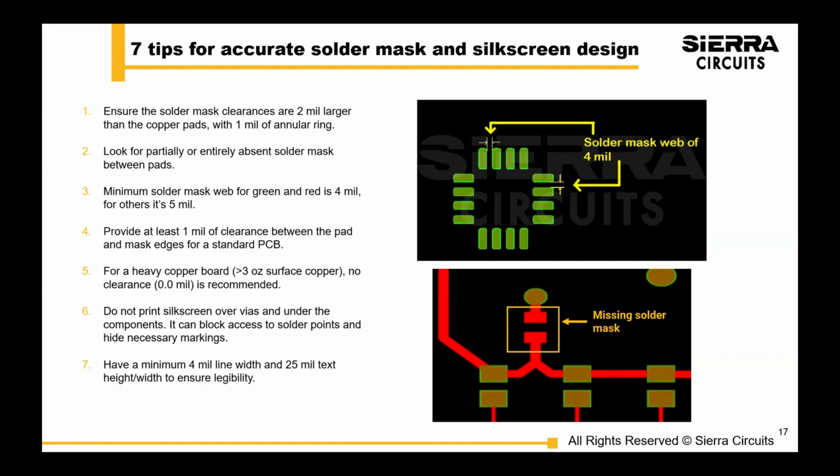Other than that, when you're designing your PCB, be aware of the copper thickness because copper thickness absolutely plays a role in how you should design your solder mask webs and your solder mask openings. That's a key portion. Sometimes you can have chemistry entrapment and all these other things can happen during the manufacturing process of solder mask.